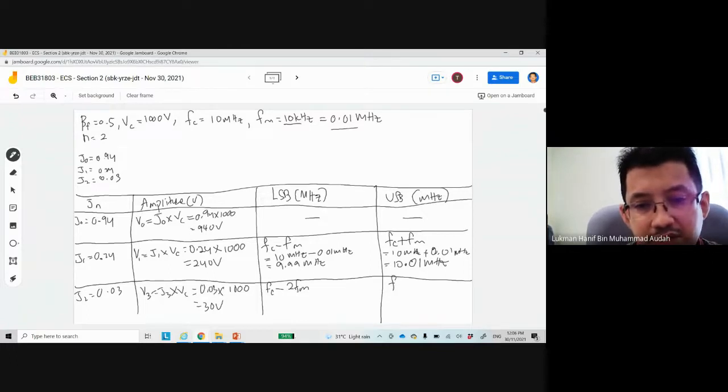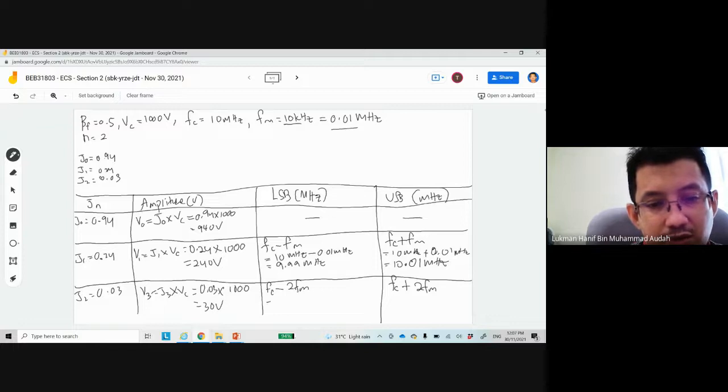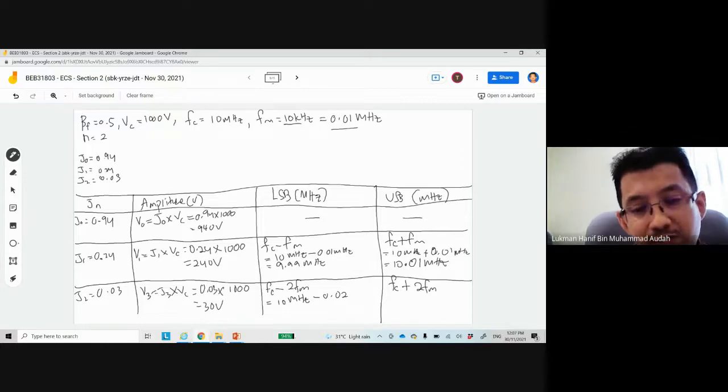Untuk upper sideband, FC plus 2 FM. Why 2 FM? Because this is the second sideband. Nanti kita akan nampak lukisan dia, nanti saya akan lukis. So here is equal to 10 mega minus 0.02, 0.01 multiplied with 2, so 0.02 lah.